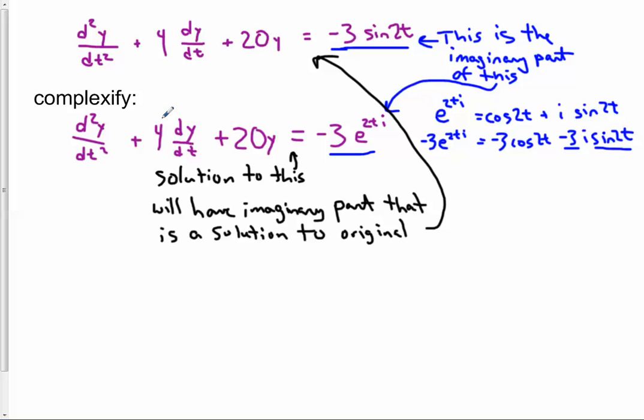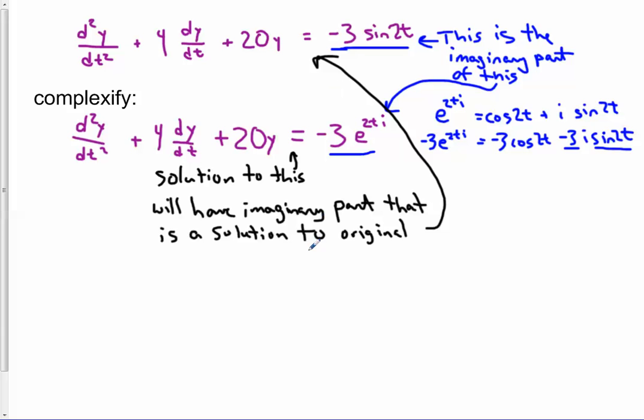We're going to solve this guy, and we're going to benefit from the fact that it's an exponential, you'll see, and that's where the speed up in time happens. These are easier when they're exponentials. We'll solve this, and then we'll just have the one additional step of taking the imaginary part of that, and that will be the solution to our original.